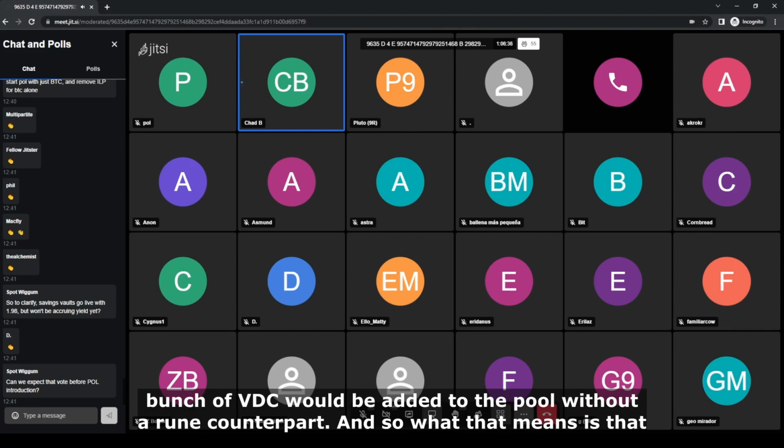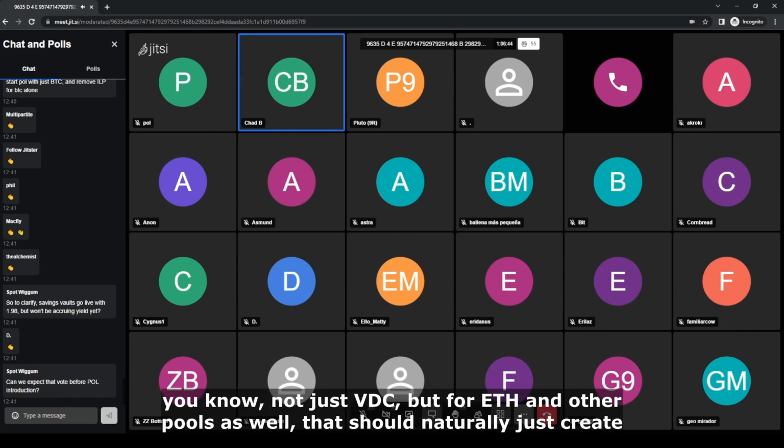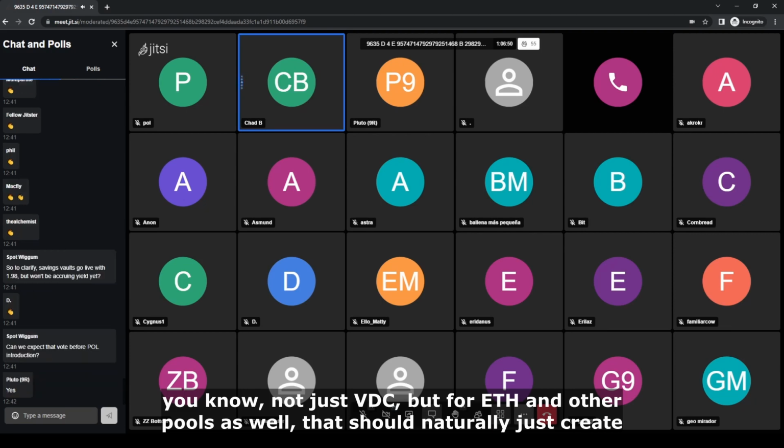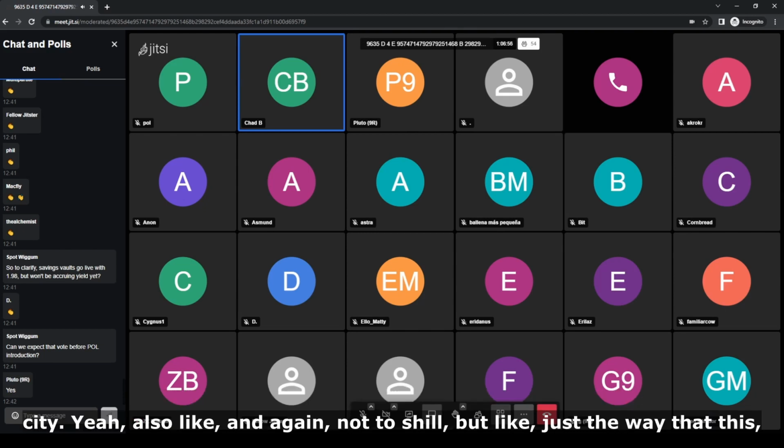without a Rune counterpart. And so what that means is that it would create natural arbitrage buy pressure on the Rune asset. And if you figure that for not just BTC, but for ETH and other pools as well, that should naturally create a good amount of Rune buy pressure on the asset, which is going to be pretty exciting to see.